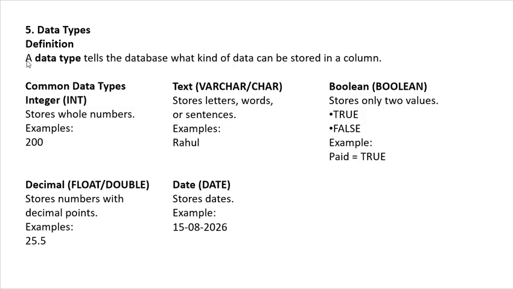Fifth is data type. Data types tell the database what kinds of data can be stored in a column. Common data types: first is integer, called int, which stores whole numbers, for example 200. Then decimal, as float and double, which store numbers with decimal points, for example 25.5.